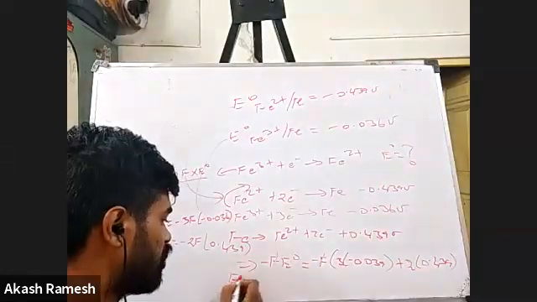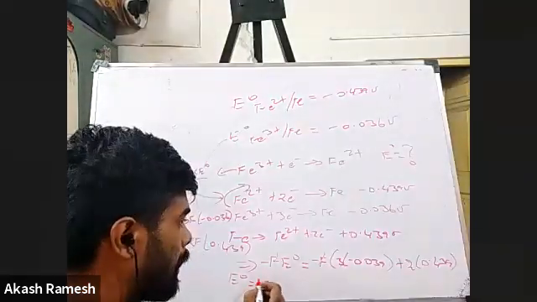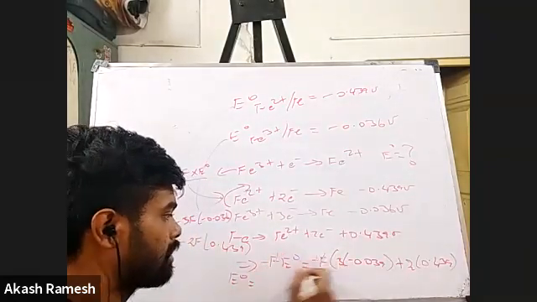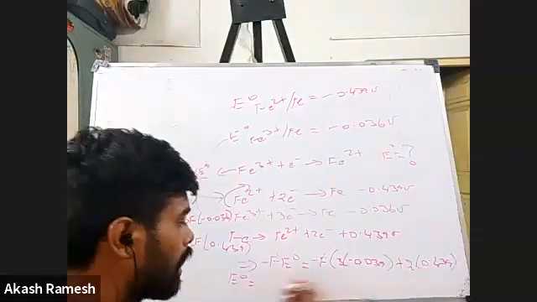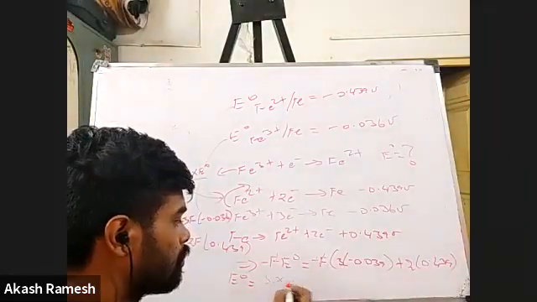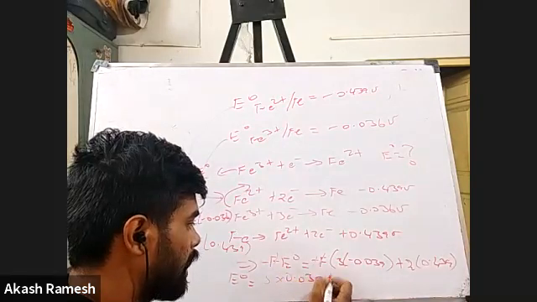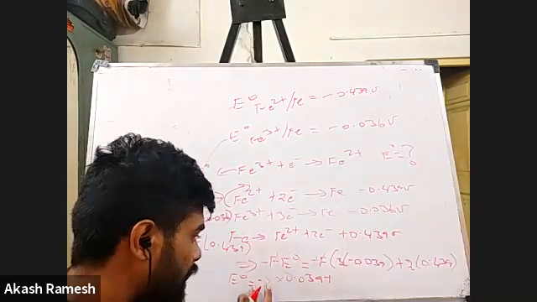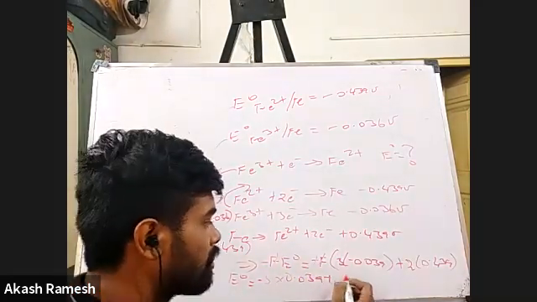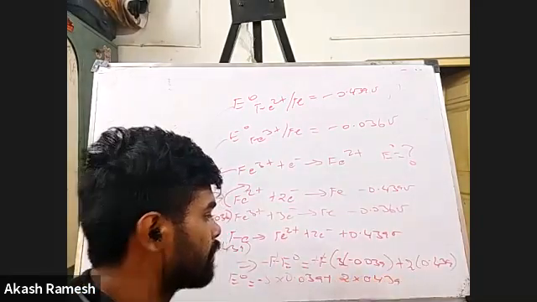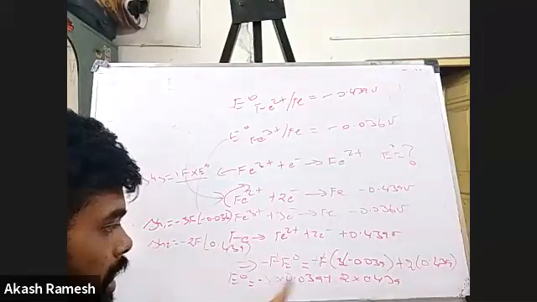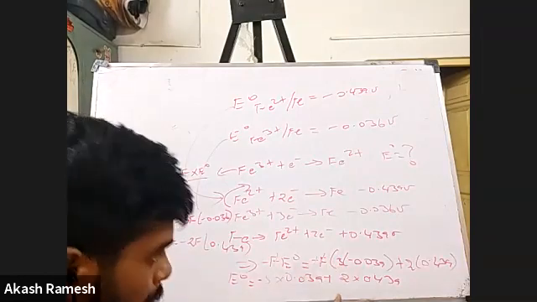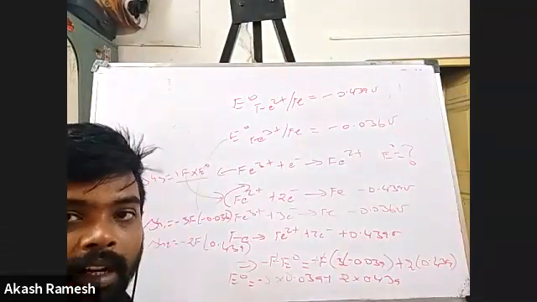So this E naught value which I have is basically equal to 3 into minus 0.036 plus 2 into 0.439, and that's the answer. Minus F got cancelled, so I have 3 into minus 0.036 plus 2 into 0.439 as the answer.